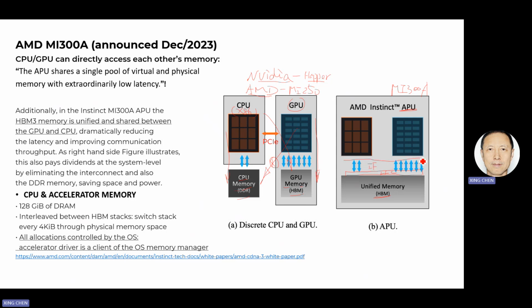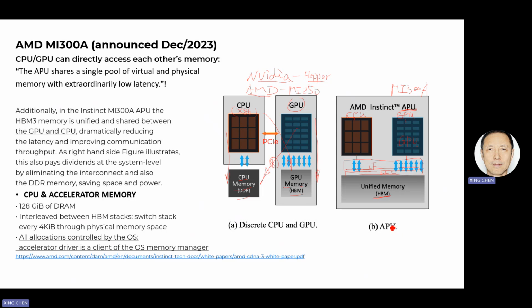These are the Infinity Fabric links. You have the CPU connected to the Infinity link. You have the GPU connected to the Infinity link. This is the CPU. This is the GPU. You have them connected to the Infinity link, and you have the last level cache, which is called the AMD Infinity cache, and then you have this unified memory.